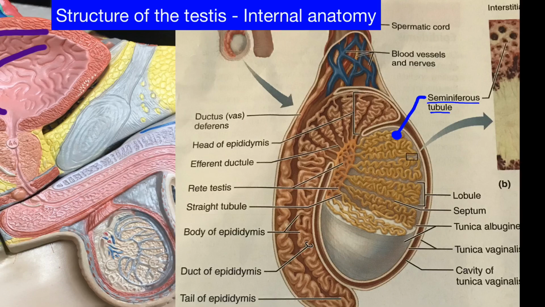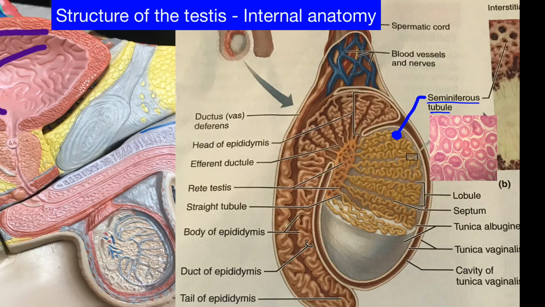So you've got all of these coiled tubes, and if we take a look at what that looks like in a section through a slide, you can see here it's just like little circles, right? We're seeing the edges of the cells themselves and then the lumen or the center of the tube.